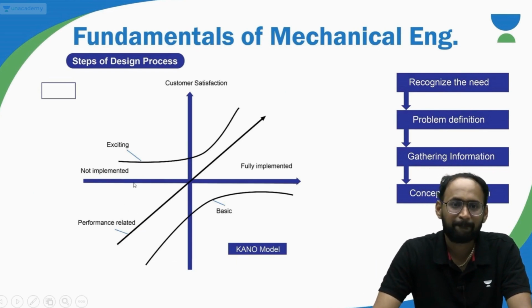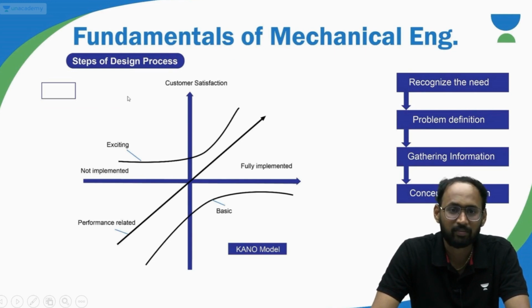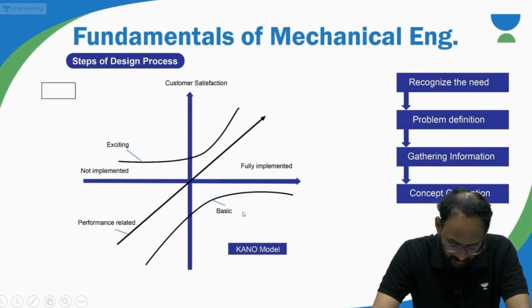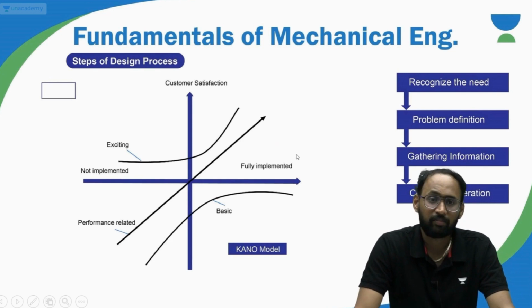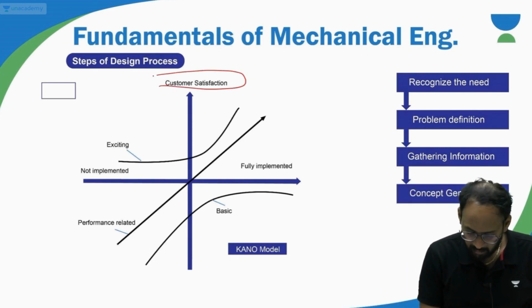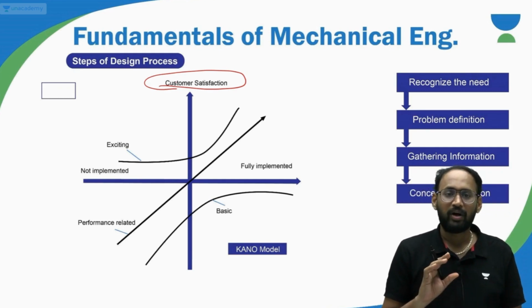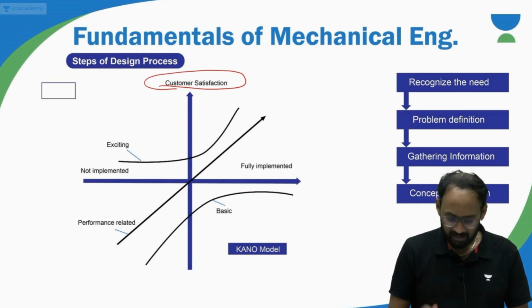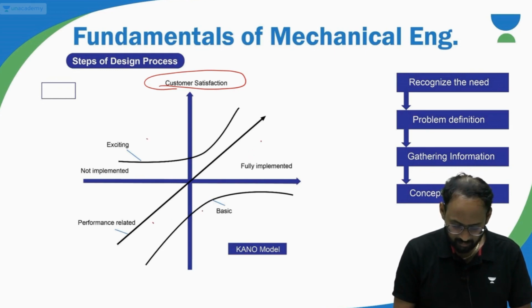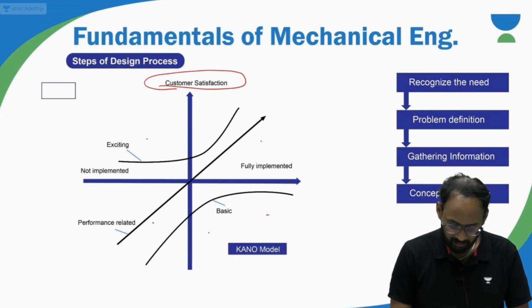Okay. One important step in the design process is also to understand the Kano model. The Kano model is very important in understanding the customer satisfaction level. Whatever product you have designed, it fits in any of these quadrants, or any of these curves for that matter.